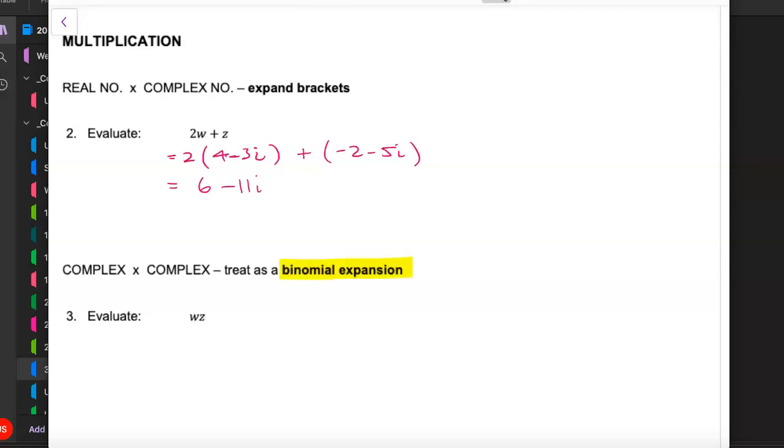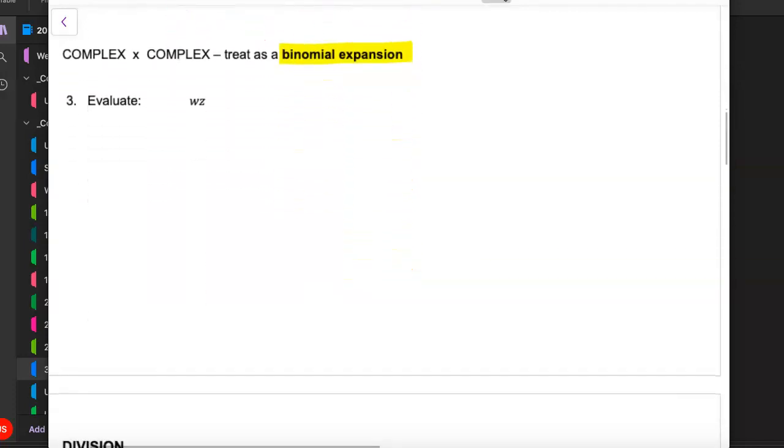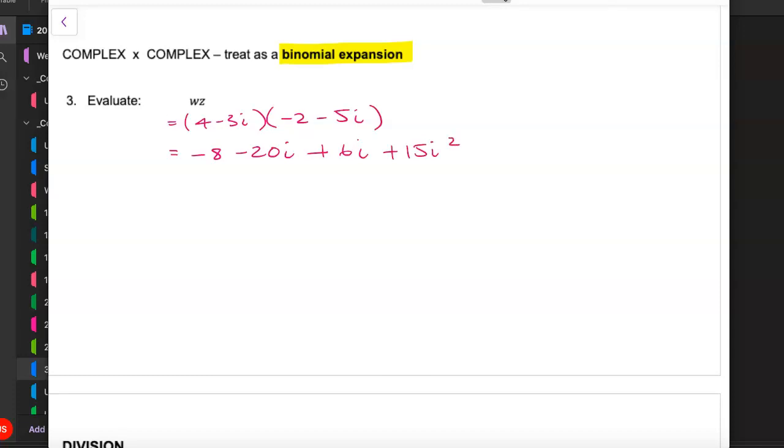When we're multiplying a complex number by another complex number, we're going to treat this as a binomial expansion. So when we're evaluating wz, we're going to have 4 subtract 3i multiplied by -2 subtract 5i. Using our binomial expansion skills, we've got 4 times -2 is -8, 4 times -5i is -20i, -3i times -2 is +6i, and -3i times -5i is +15i squared.